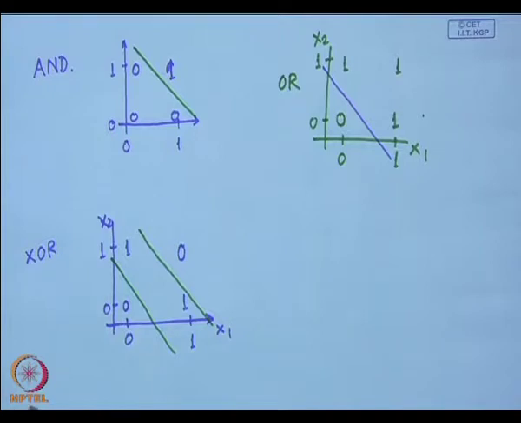Rather, we need at least one hidden layer to implement the XOR function by a feed forward neural network, because it is not linearly separable. Now, today we will discuss another kind of network, which is called the radial basis function network.